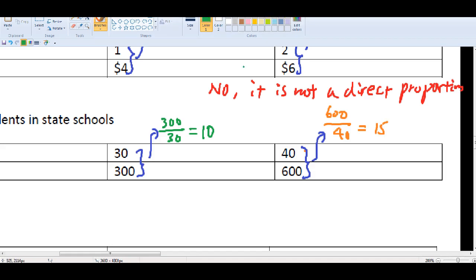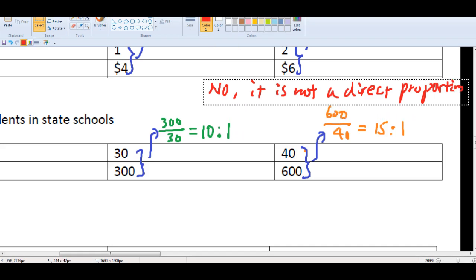If you want to write them into ratio, you can write 10 to 1 because that's the ratio, or you can write it as 15 to 1. But anyway, they are different, right? Okay, so the students to teachers ratio, they are not constant, they are not the same. All right, so we say they're not a direct proportion. Let me just copy here, paste it.